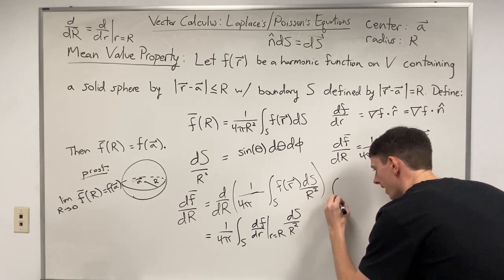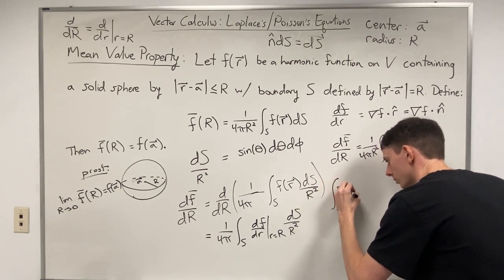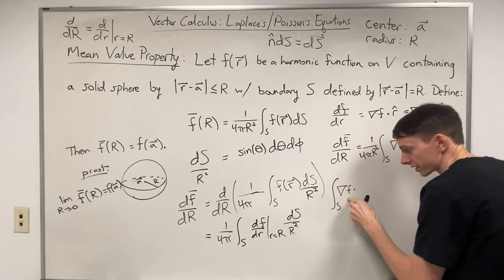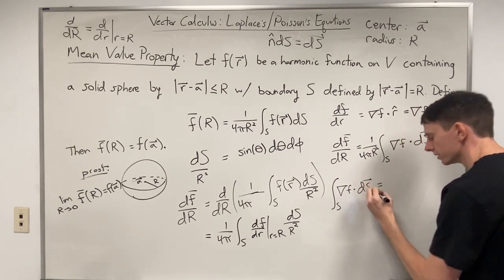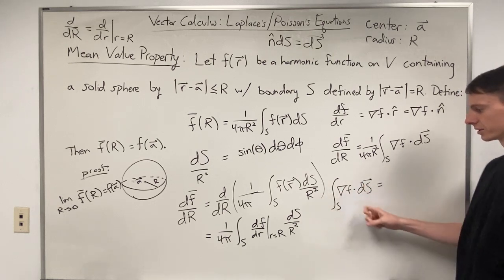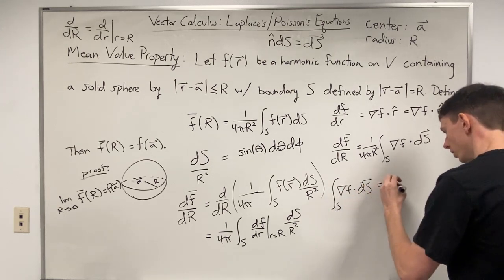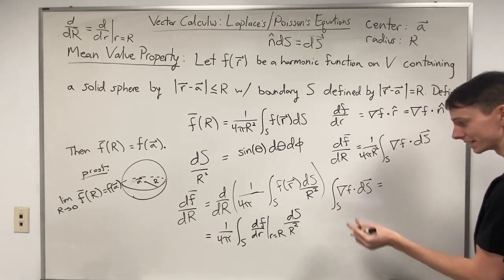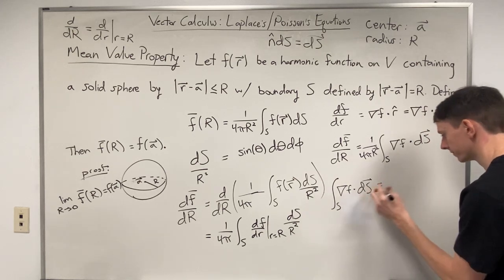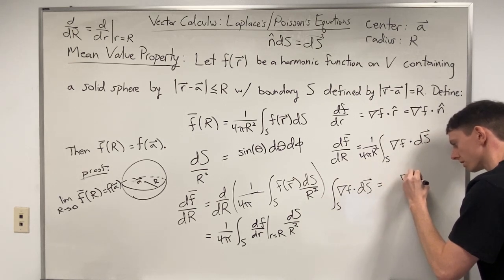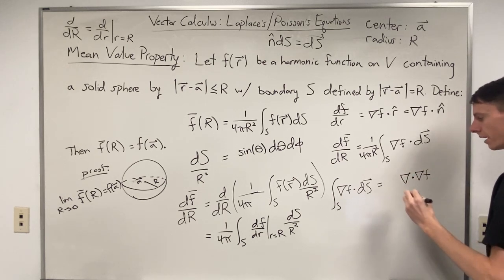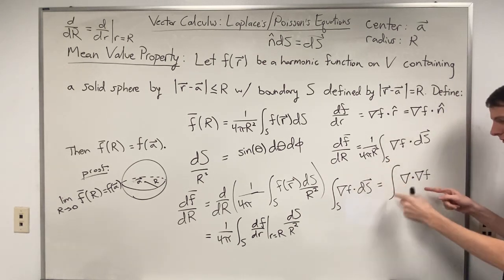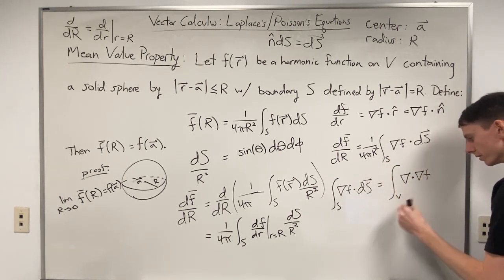We have the integral over s, which is really the flux of this vector field right here. And the divergence theorem tells us that rather than expressing the flux of this vector field, we can write out the flux density, or the divergence of this vector field. So let's take the divergence of this vector field, which is gradient of f. And then this is the flux per volume, and then let's just integrate it over the volume.